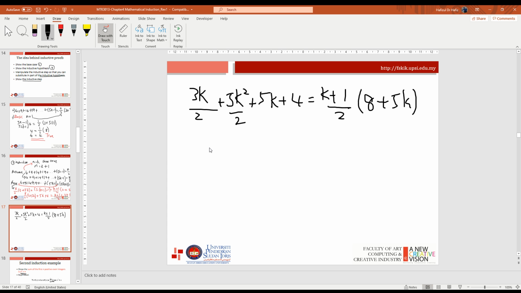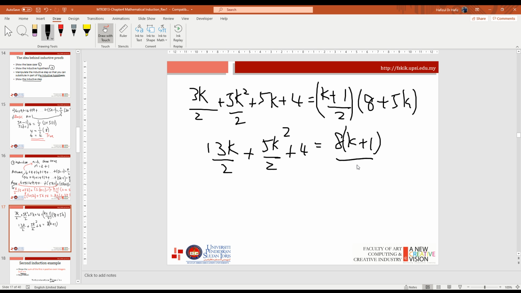So here we got 13k, k plus 1, okay, here k divided by 2 plus 5k plus 4 equal to 8k plus 15k.